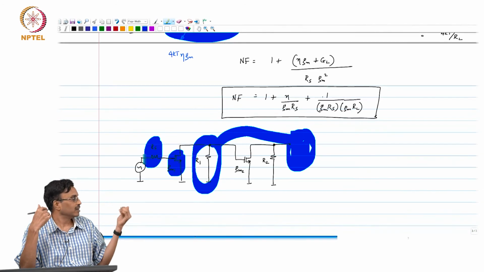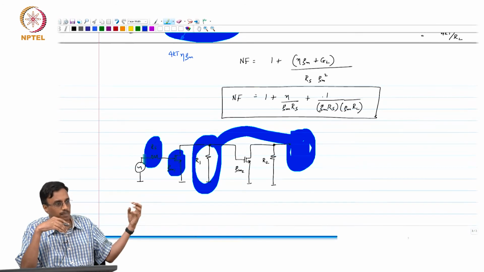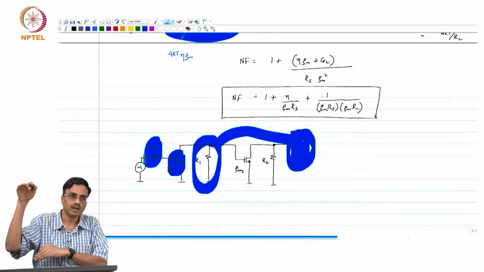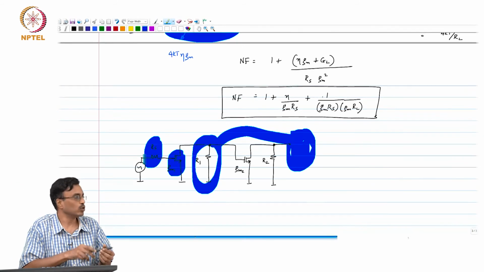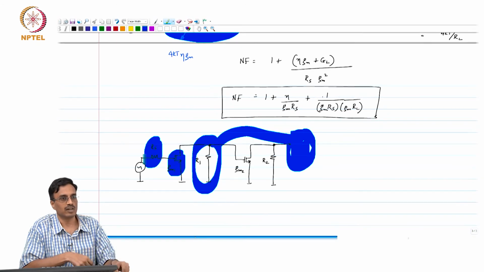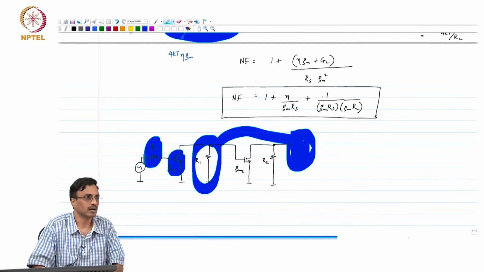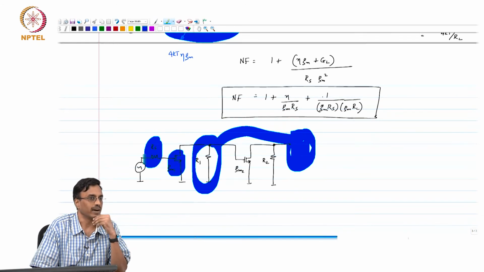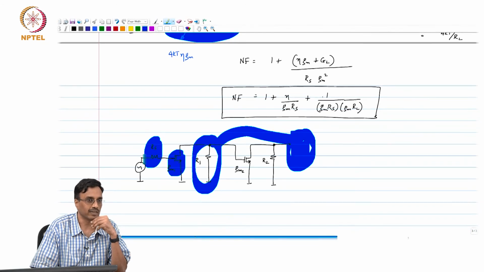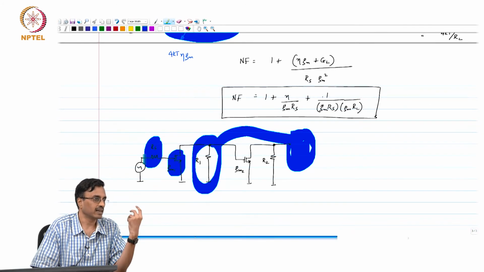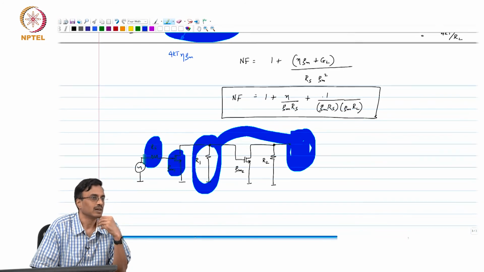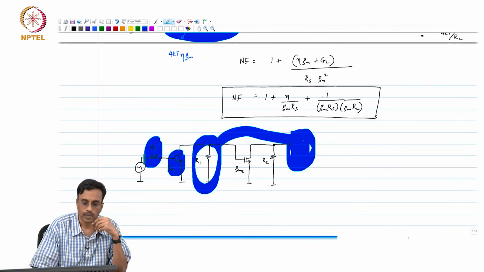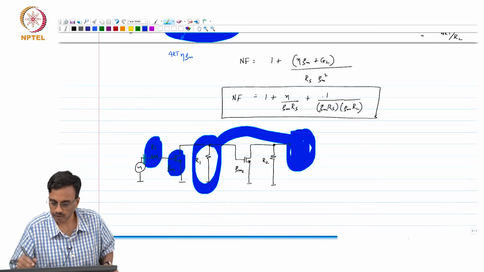And as you keep traveling down the chain, the signal is getting bigger and bigger. So, which would you worry about distorting the signal a lot? The last stages are the ones you should be primarily worried about as far as distortion is concerned, and the first stages are the ones you would be worried about primarily for noise, right, and that's how it goes.